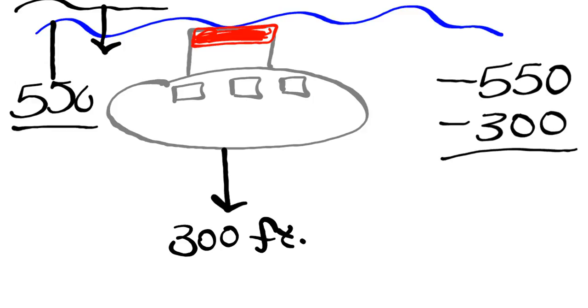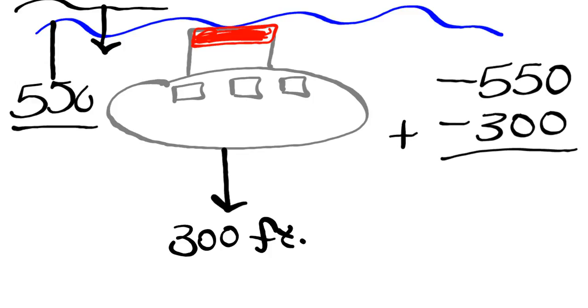So we want to figure out how many we are down in total. So we're going to add or subtract this number. Yes, Adriana? Subtract. No. Remember, if you're at 550 and you go further down, is that plus or minus? We're adding because we're adding on to how many feet we are below zero. So we're going to add this.